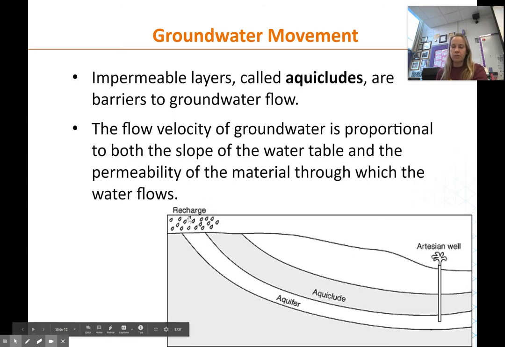So it has to be recharged in the mountains or further away, and then it comes down, and because it's going downhill, it's under pressure. So if we tap into this, all of a sudden we get water coming out, similar to oil. If you've ever seen somebody strike oil in a movie and the oil just sprays out everywhere, that is the same example. It's under pressure, and when you tap into that, it comes out.